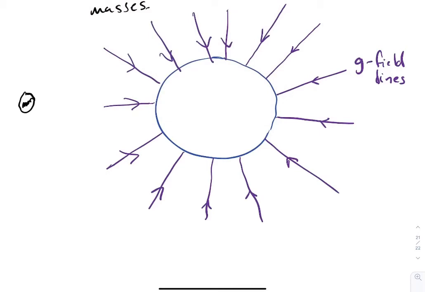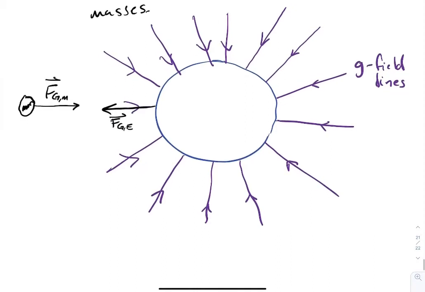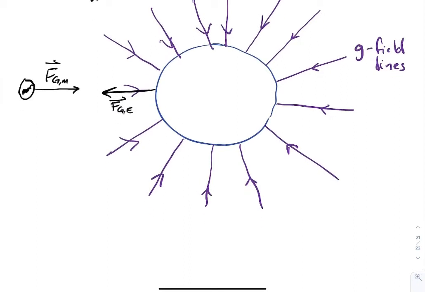The Earth will be pulling on the Moon, Fg on the Moon, and the Moon will be pulling on the Earth with an equal and opposite force, Fg on the Earth. And I think I screwed up my picture above. I'll fix that. This is really the phenomenon that allows the Moon to orbit the Earth.